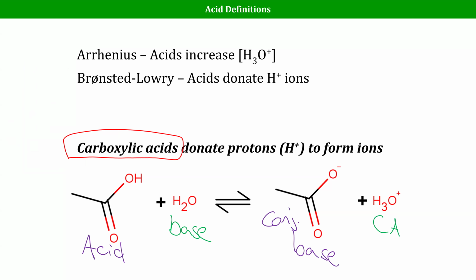And the deprotonated form of the acid is the conjugate base. So when we say protonated versus deprotonated in acid versus conjugate base, it's always about this molecule can give up an H plus and what does it turn into?